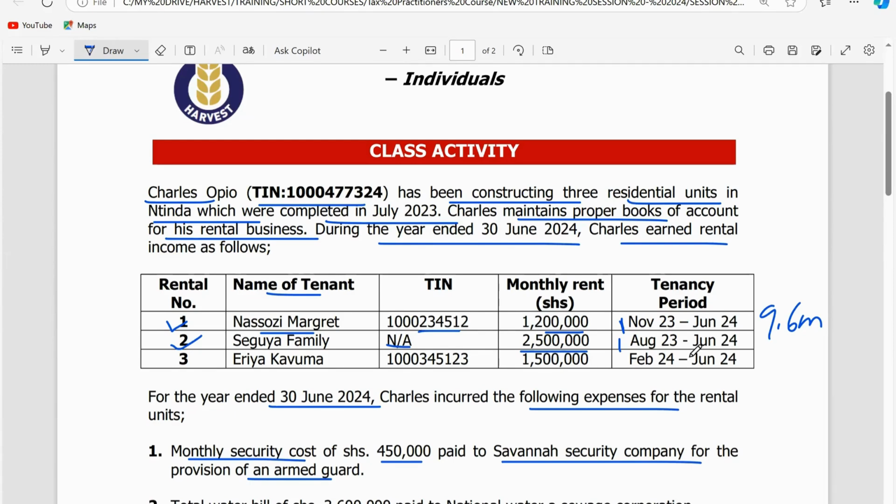Someone is saying 11 months. 11 months. Any other person? From 1st of August 2023 to 30th of June 2024. How many months are those? 11 months.